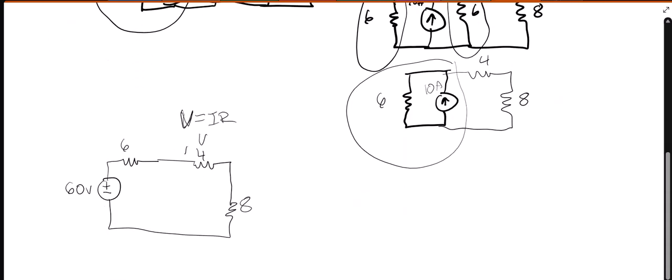Okay, so now I have a circuit where everything is in series. When everything is in series, that means I just have one current. And so my current is running through this in this direction.